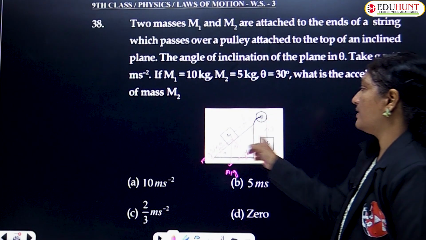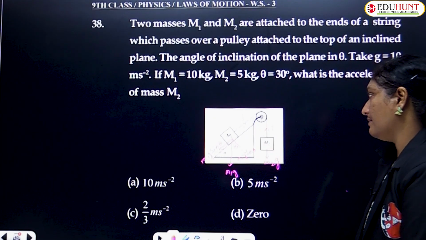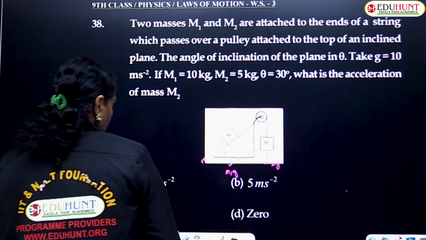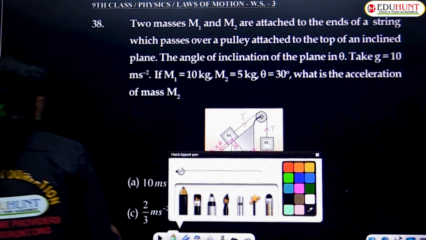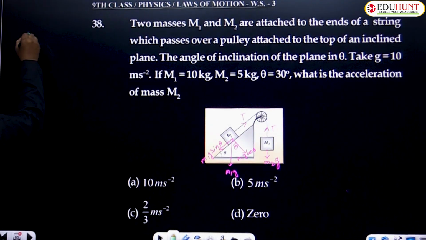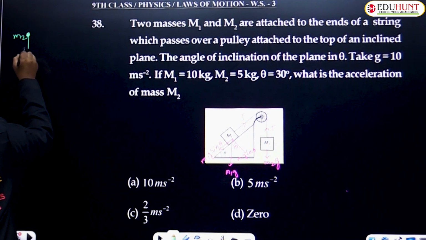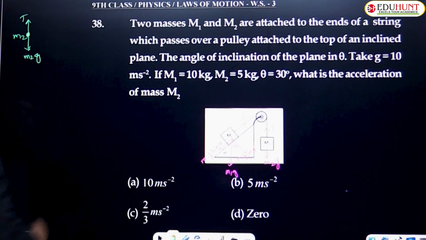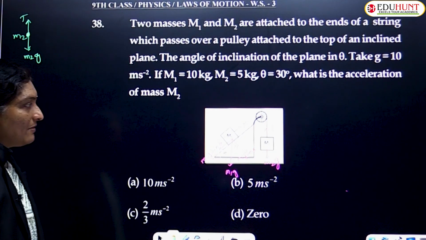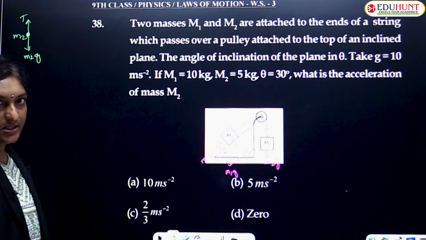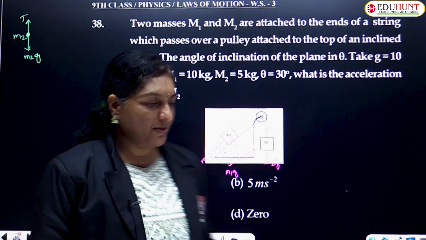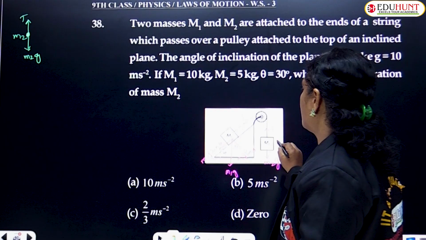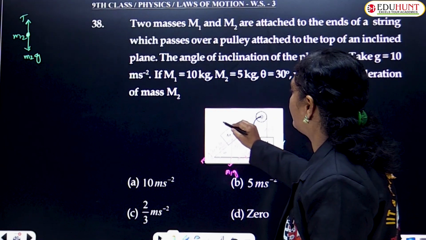So you can have two free body diagrams. Consider the first part of the case. For M2, let me draw a free body diagram. This is your M2 whose weight is acting downwards, and the tension T must be acting upwards. But we are not aware which direction it is accelerating, so let us assume that the body is accelerating downwards.